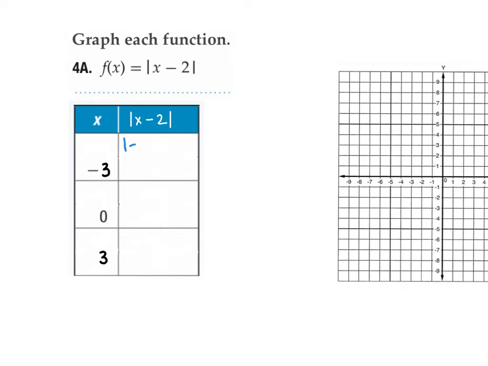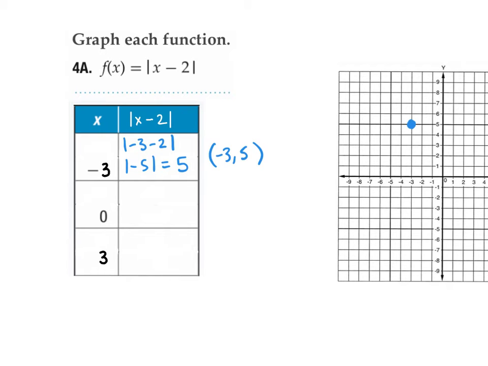So here we're going to plug in negative 3 minus 2. What's negative 3 minus 2? Negative 5. So we have the absolute value of negative 5, which is what? 5. So what's our point here? Negative 3, 5. So we go to the left 3 and go up 5, put a point there.